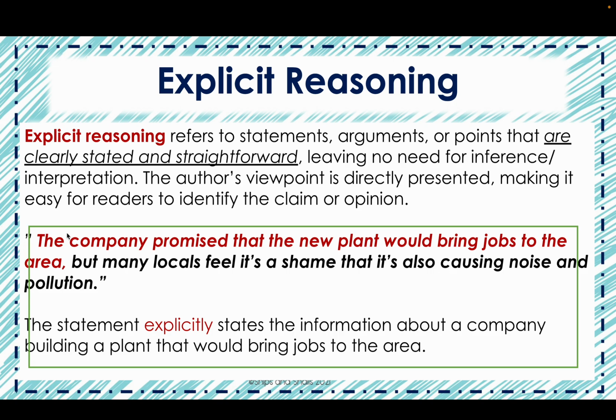So if we look at this highlighted part of the sentence, this statement explicitly states the information that there is a company that will be building a plant that would bring jobs to the area. So explicit statements or explicit reasoning is somewhat informative.